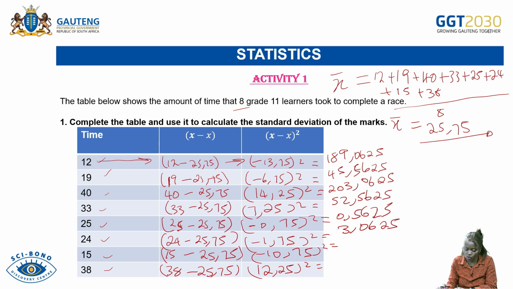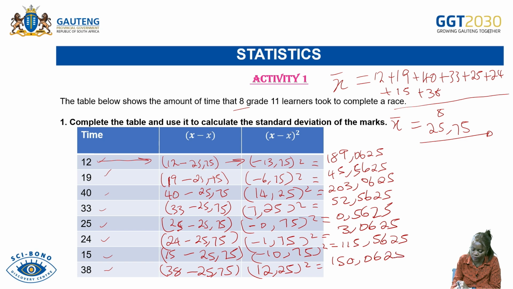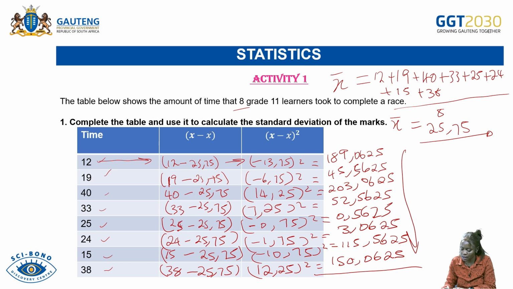Then we move to negative 10.75, then you square, you'll get 115.5625. Then the last one, it's 12.25, and then you square, you'll get 150.0625.